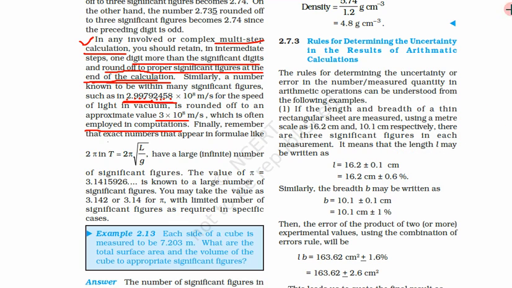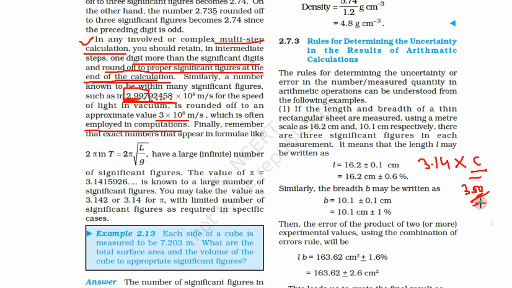If you yourself are using this number, suppose you are calculating something with 3 significant digits, suppose 3.14 times this number c, the speed of light, then you must take 3 significant digits, and when you round it off, it will again become 3.00. Generally these 3 significant digits are more than sufficient.